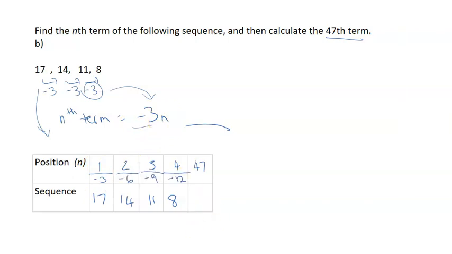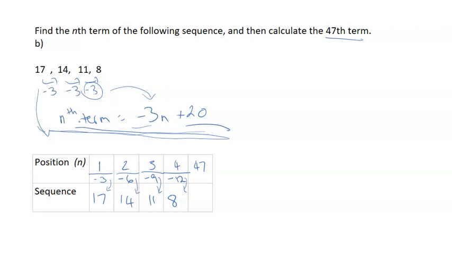Once I've done that, I have a look at how -3 plus something gets to 17. I know that's +20, and that will equal 17. +20, +20, +20. So my rule in this case is: the nth term equals -3n plus 20.